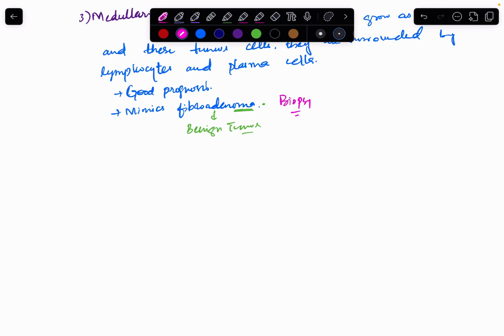Then there is another subtype that is known as inflammatory carcinoma. In inflammatory carcinoma, the tumor cells proliferate in dermal lymphatics.